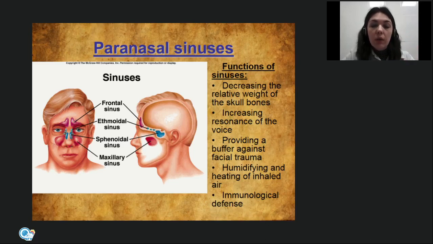The other function is increasing resonance of the voice. Resonance of the voice gets increased because a sound wave gets reflected from the walls of the sinuses.